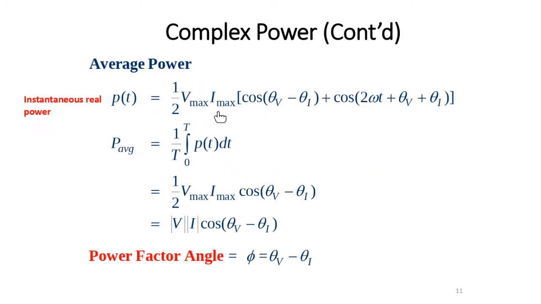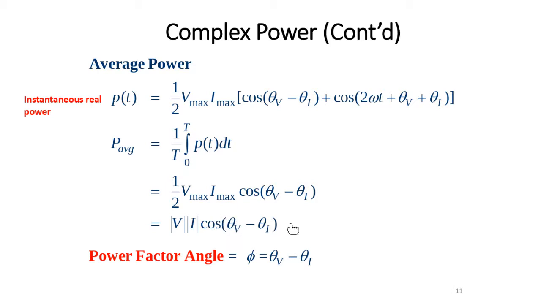And then you will come with the average power. You have the instantaneous power, and then we have what's called the average power. Instantaneous power is a function of time. The average power is not a function of time. There's no function of time. This is a number now. Cosine of the angle of the voltage minus the angle of the current.